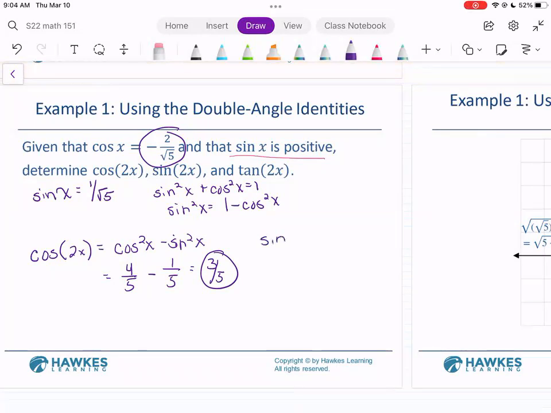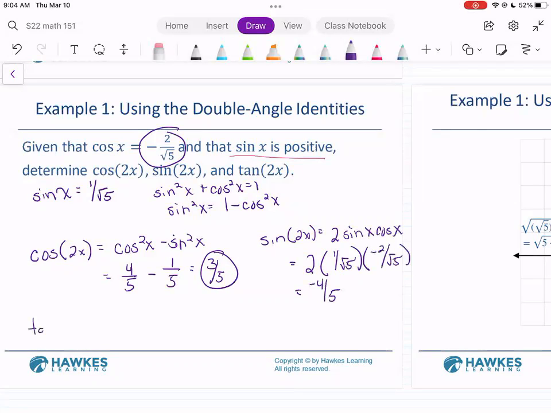For the sine of 2x, using our double angle formulas, that's equivalent to 2 times the sine of x times the cosine of x, which is 2 times 1 over the square root of 5 times -2 over the square root of 5, which is -4 over 5.